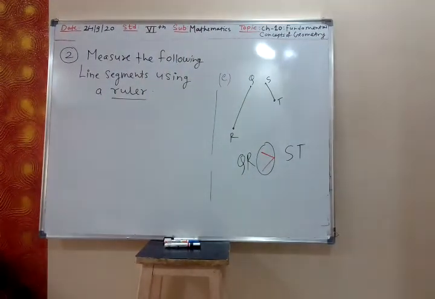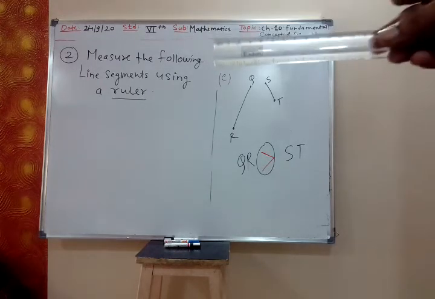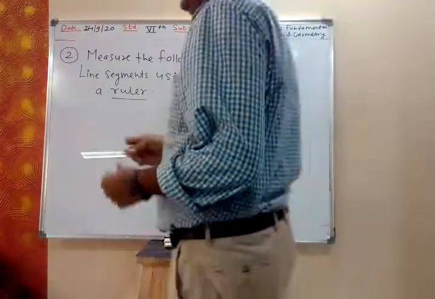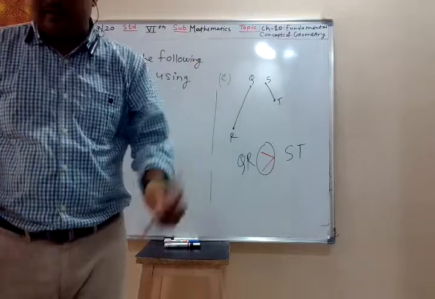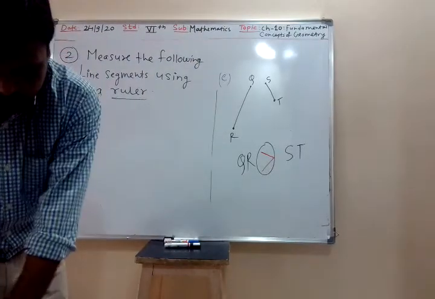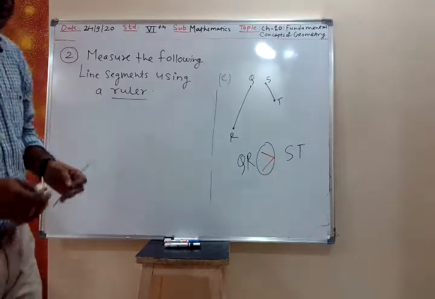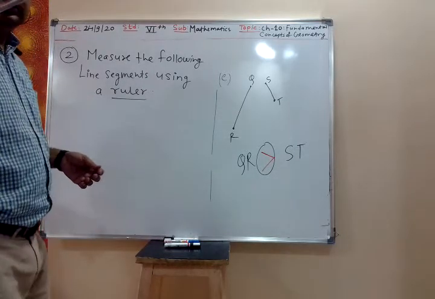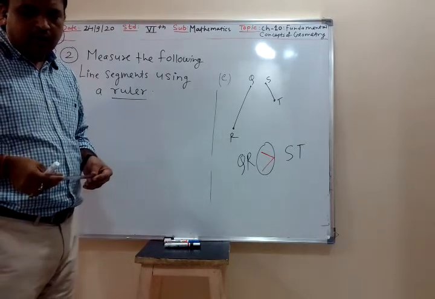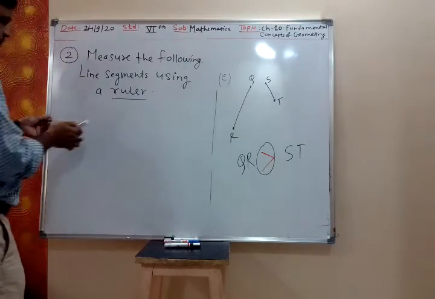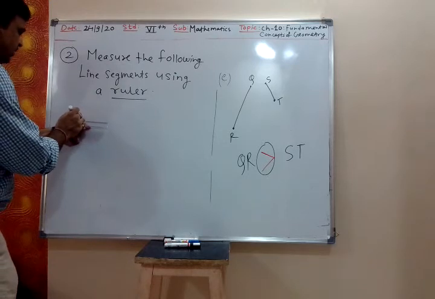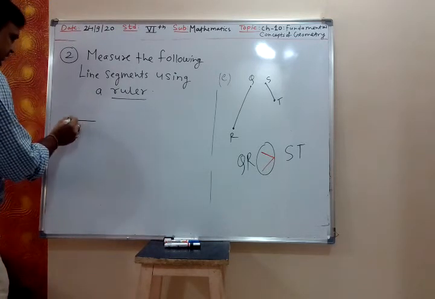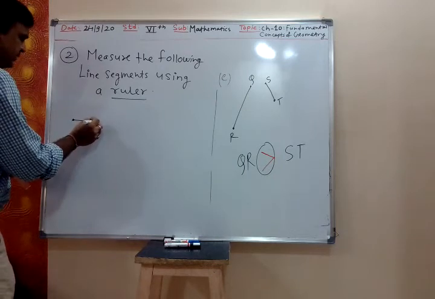Now this is my ruler. This is called a ruler. Now I have to use this ruler to measure the length of the line segment. See what you will do. You can draw any line, a small line, any centimeter.